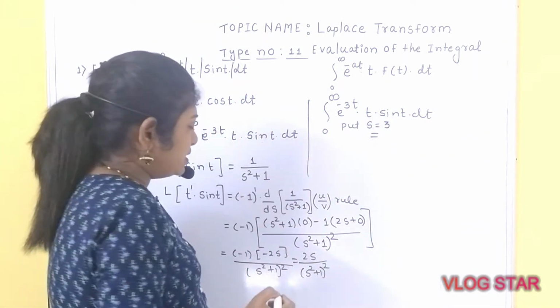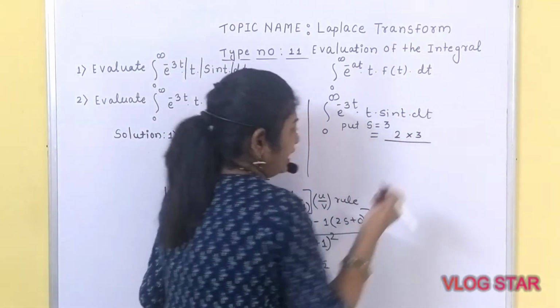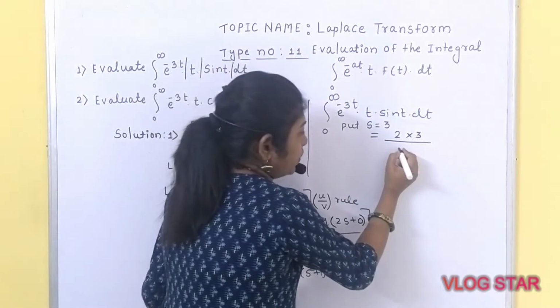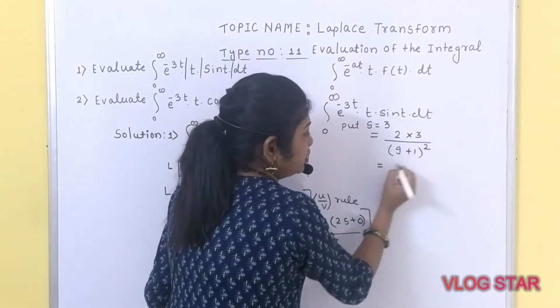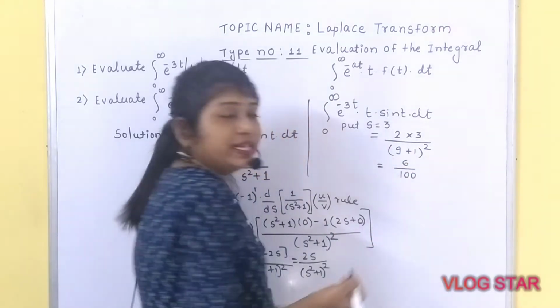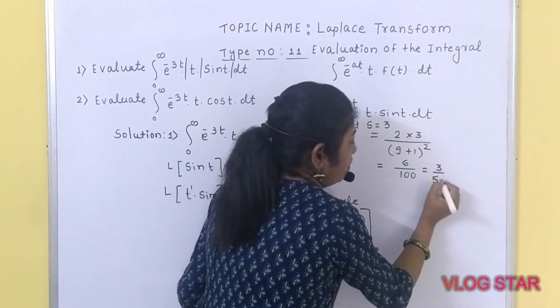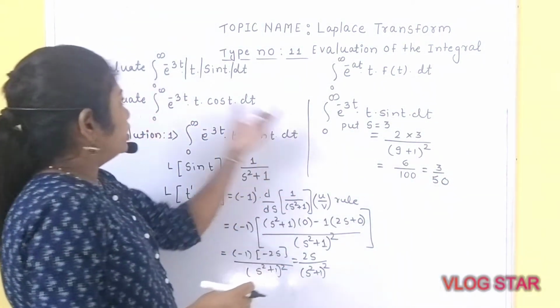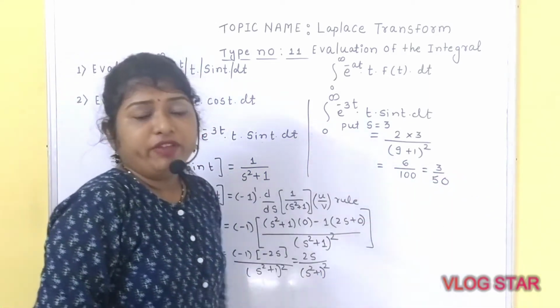So what answer will you get? 2 into 3 divided by 3 square, which is 9, plus 1 whole square, which is equal to 6 upon 10 square, which is 100, which is nothing but equal to 3 upon 50. So the evaluation part is equal to 3 upon 50.